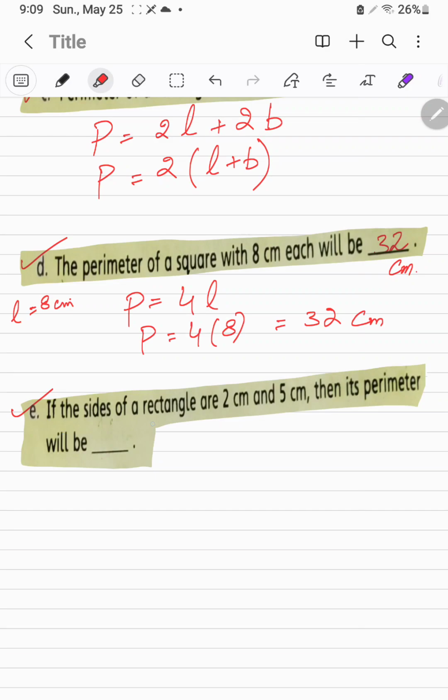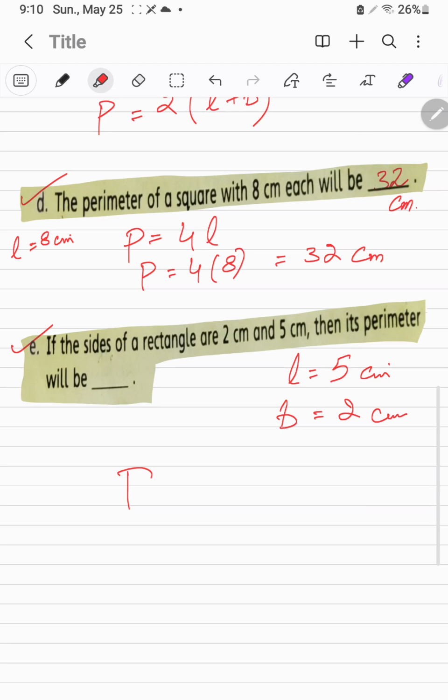Its E part. If the sides of a rectangle are 2 cm and 5 cm, then its perimeter will be. Here are the sides of the rectangle. Its length is 5 centimeters and its breadth is 2 cm. We have the formula for the perimeter of a rectangle, that is 2 into length plus breadth.